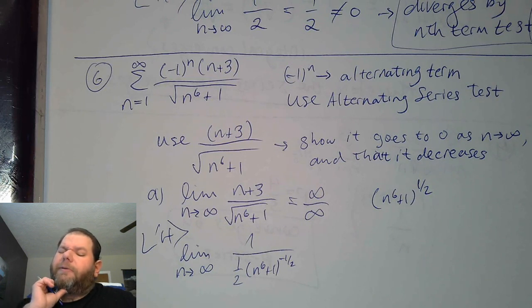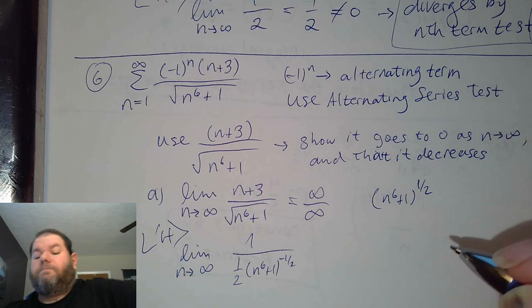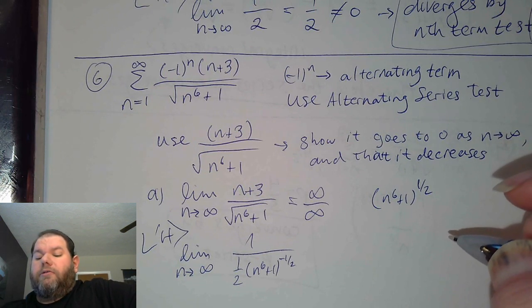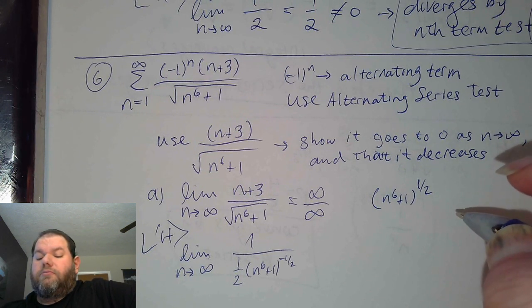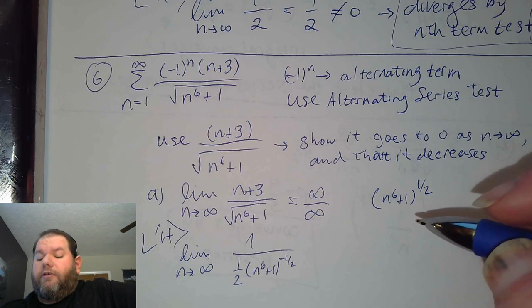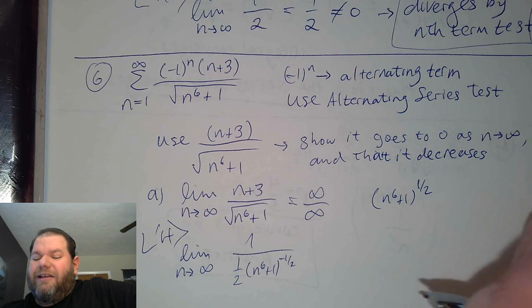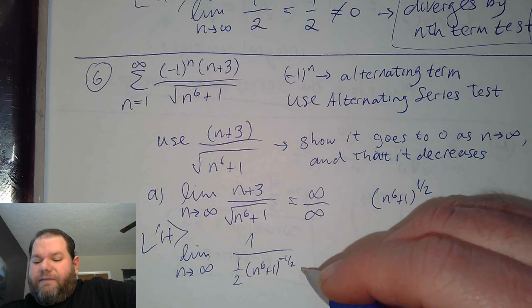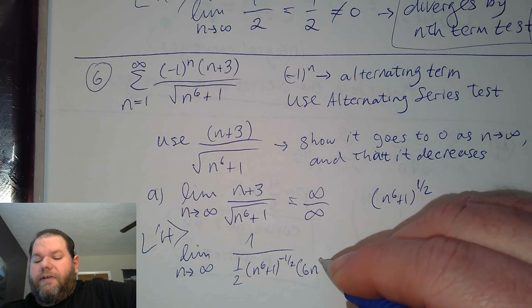Oh, I forgot about that. We're going to get stuck in a loop here. Times 6n to the 5th, the derivative inside the parentheses.